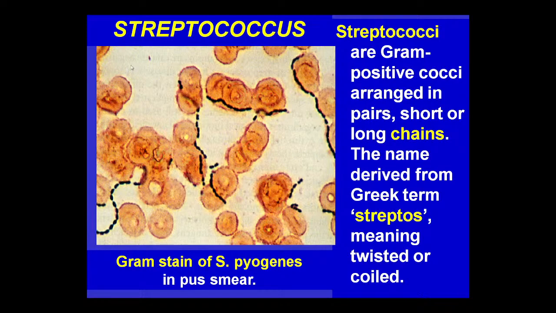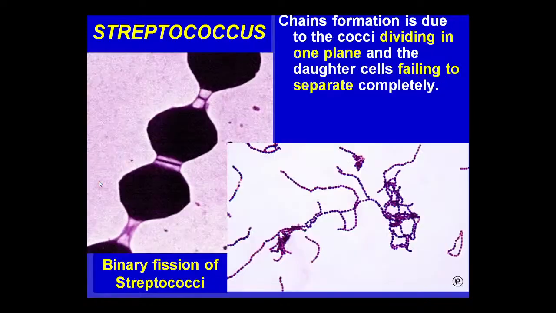The name streptos is derived from the Greek term meaning twisted or coiled. You can see the twisted chains or filaments.